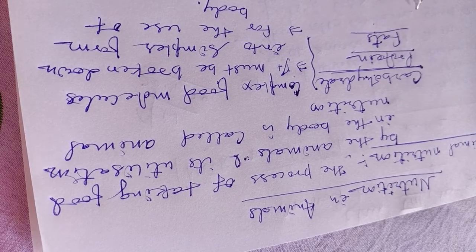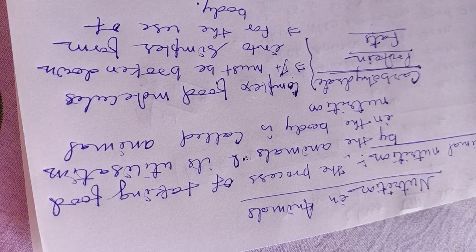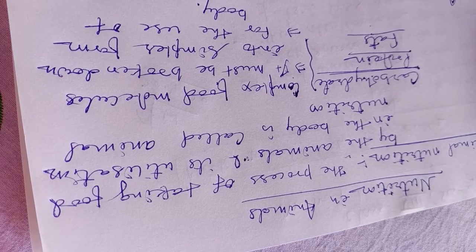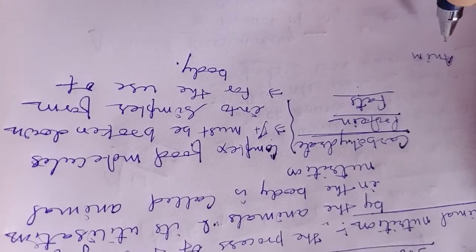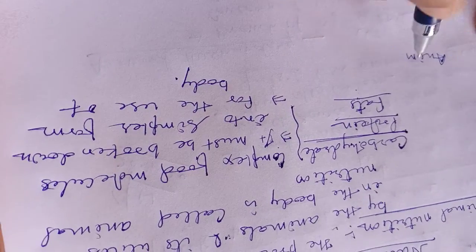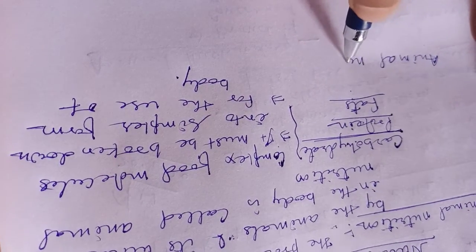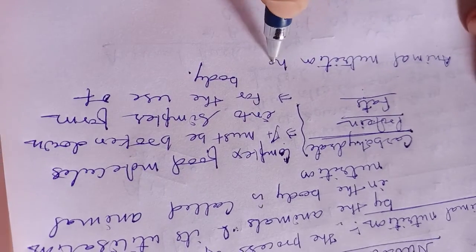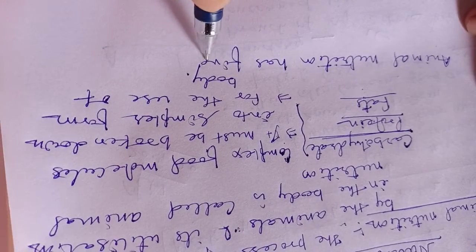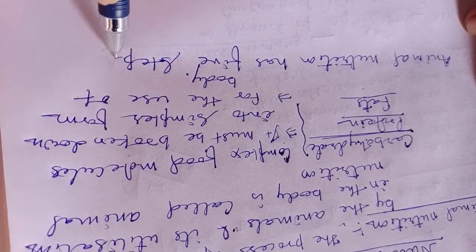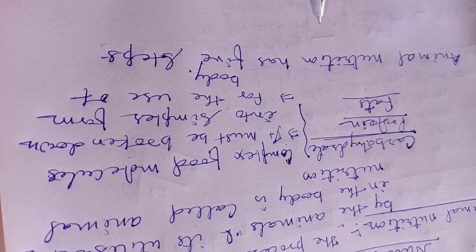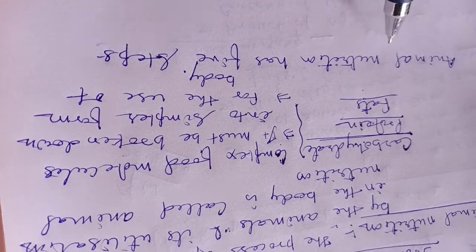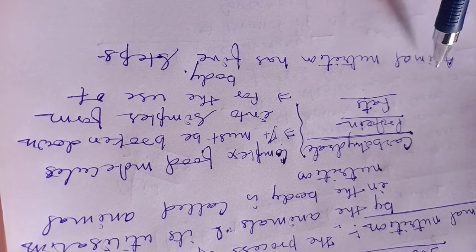So animal nutrition has 5 steps. It means there are 5 steps in animal nutrition.